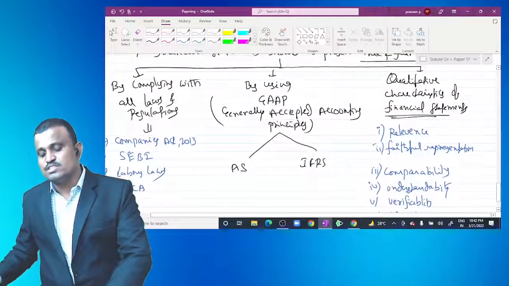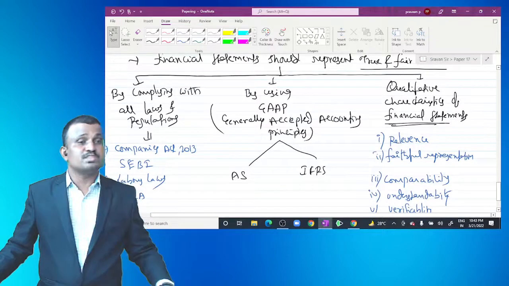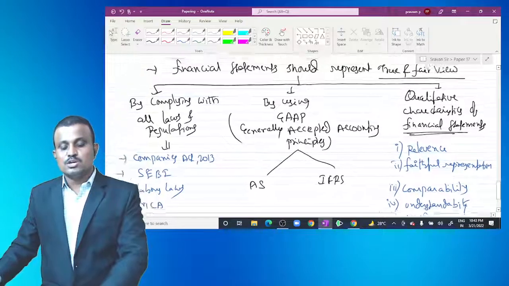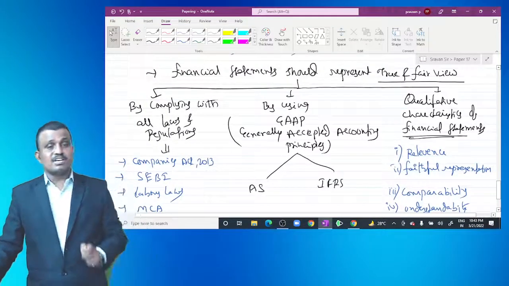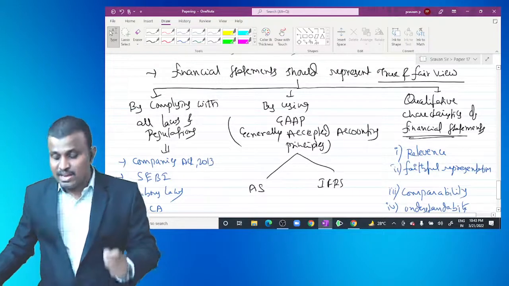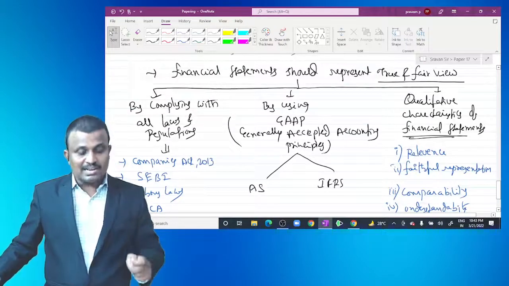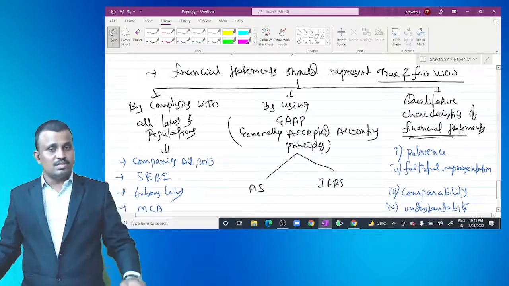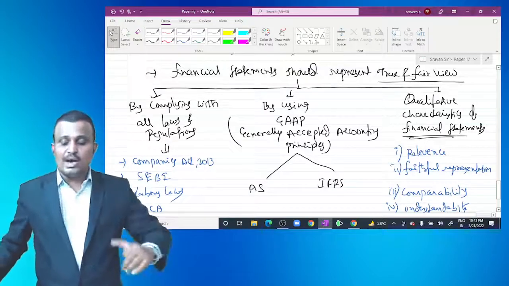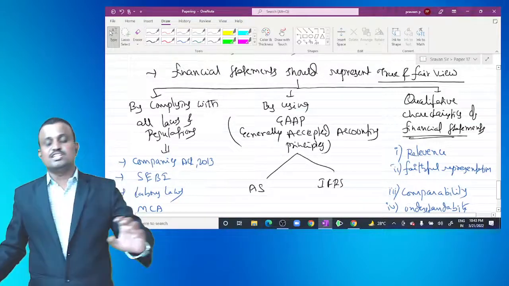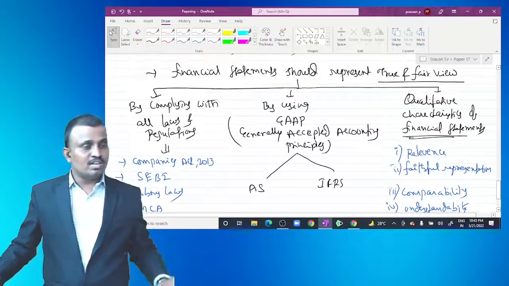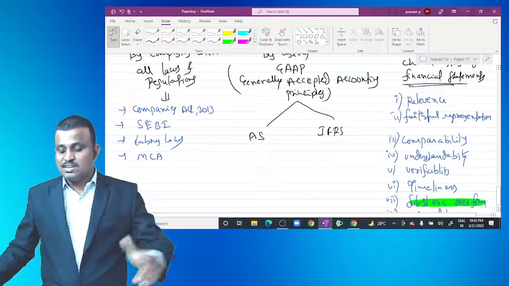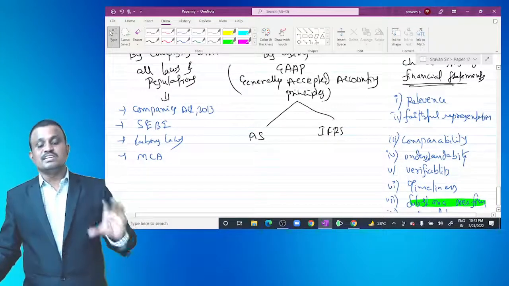If these features are followed, then the financial statement represents what? True and fair. So the financial statement represents true and fair when it is prepared by complying with all laws and regulations, by using the GAAP, generally accepted accounting principles, and represents the qualitative characteristics of the financial statements: relevance, faithful representation, comparability, understandability, verifiability, timeliness, substance over the form, and materiality.